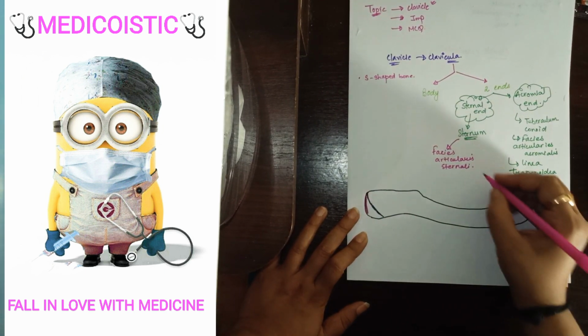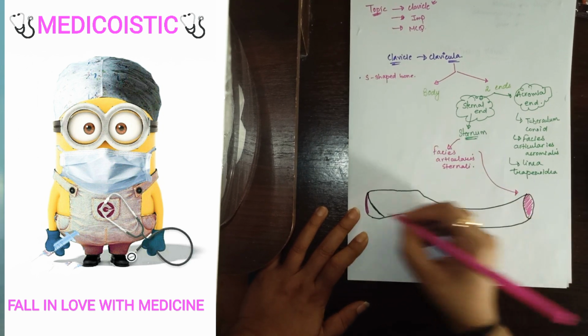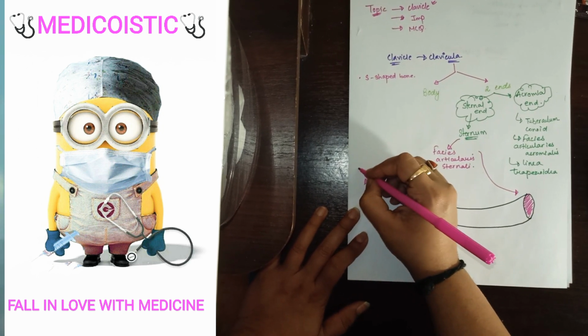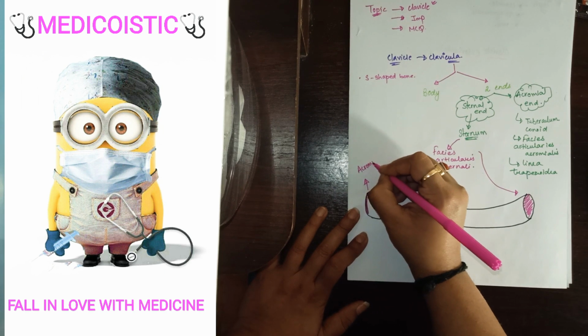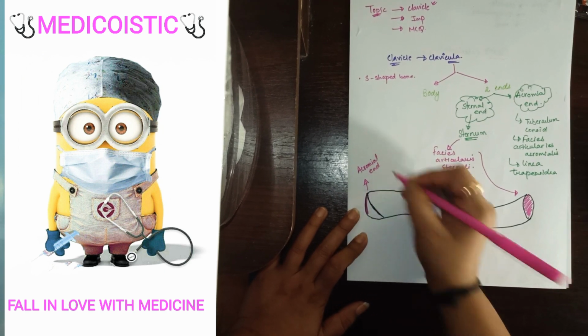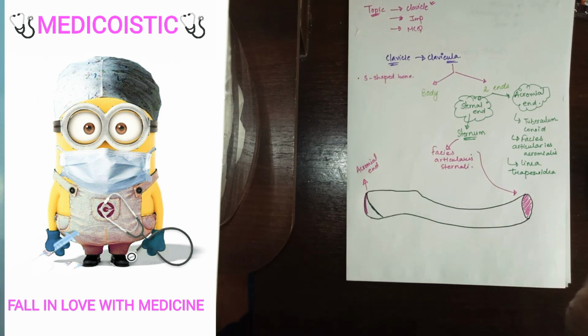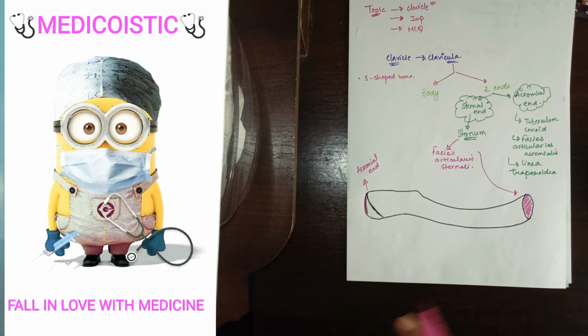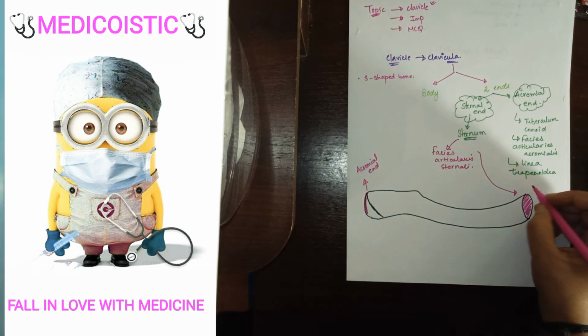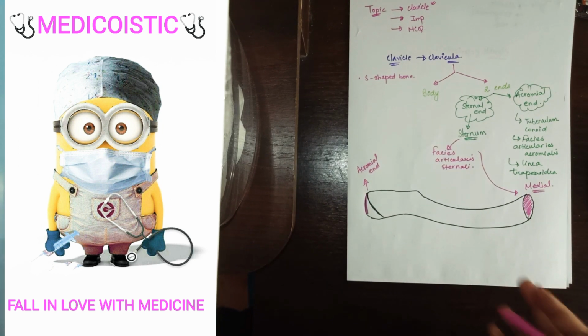The flat surface is known as the sternal end, and the bulky surface is known as the acromial end. So how will we know the position of the clavicle? The flat surface is the sternal surface, which is located on the sternum side, which is medial. Okay, and the acromial end is to the lateral side.